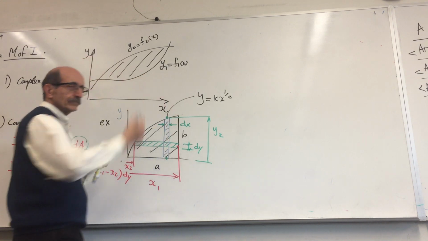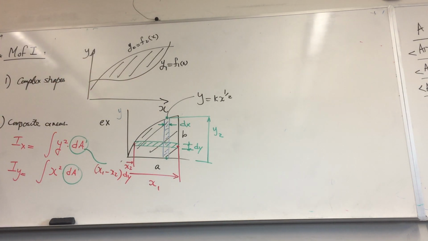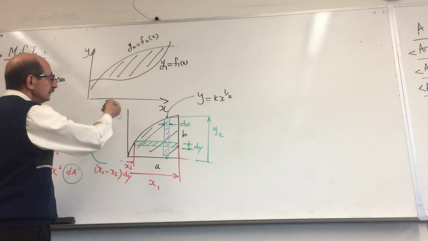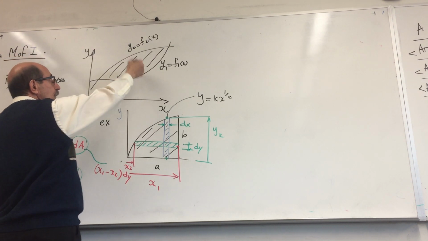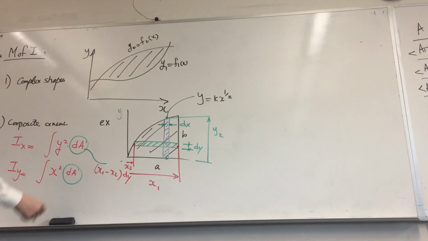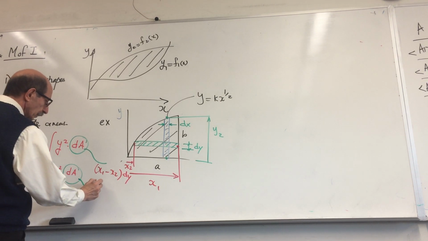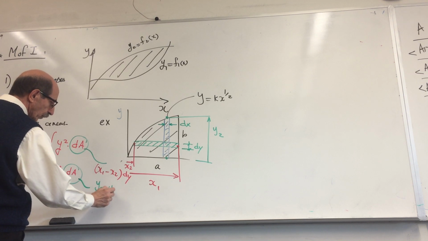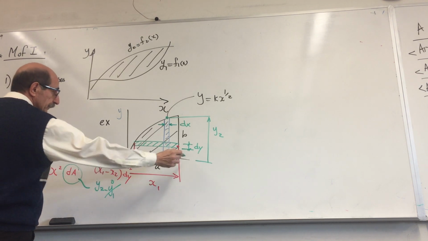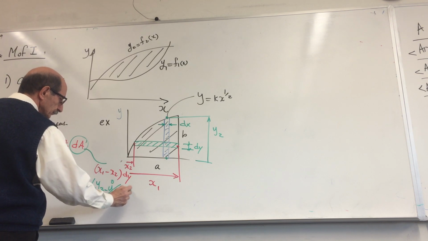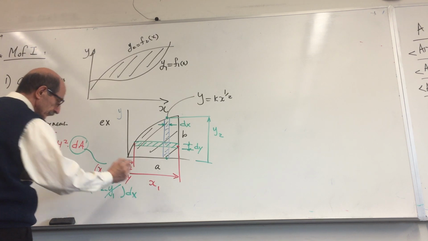In this case, y1 is 0. So it's an easy case. But if you had another function like this, it would be y2 minus y1. But anyway, I just wanted to quickly do a simple problem. So you set this up. In this case, it would be y2 minus y1, where y1 is 0, times dx.